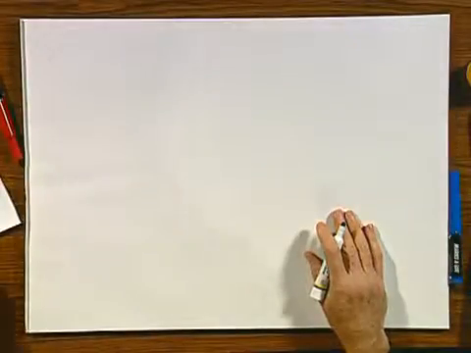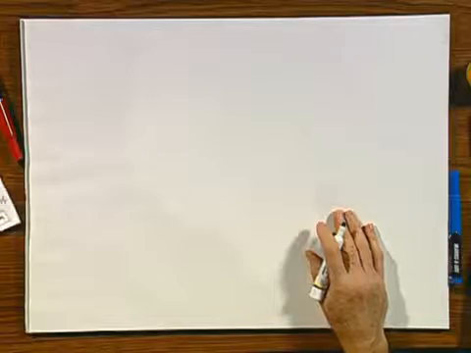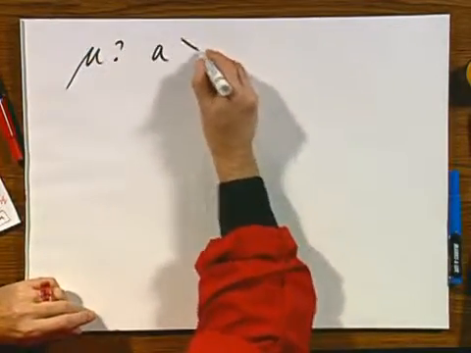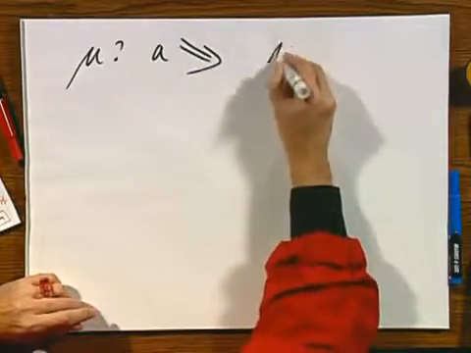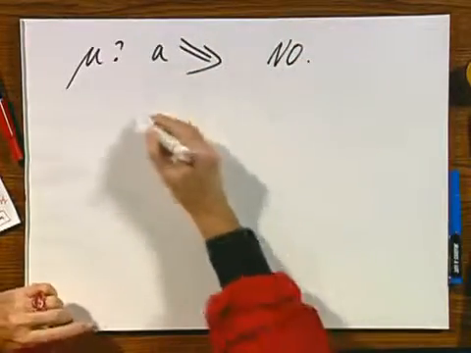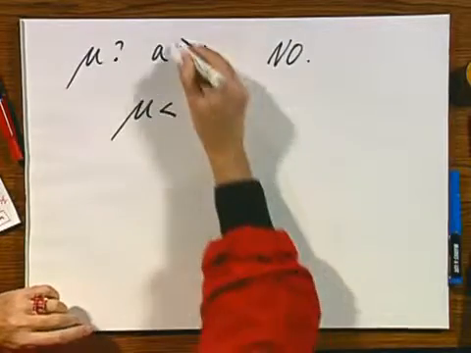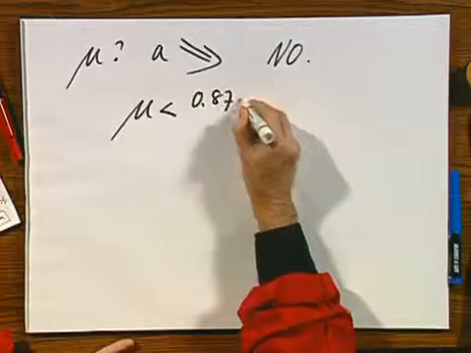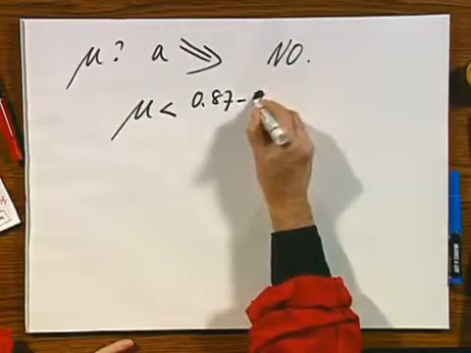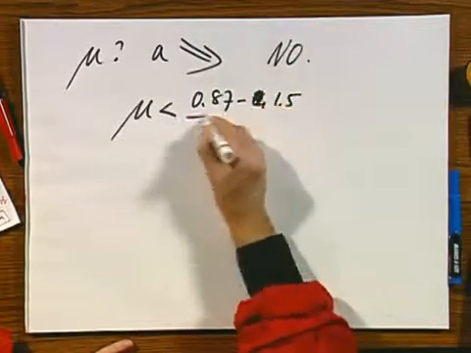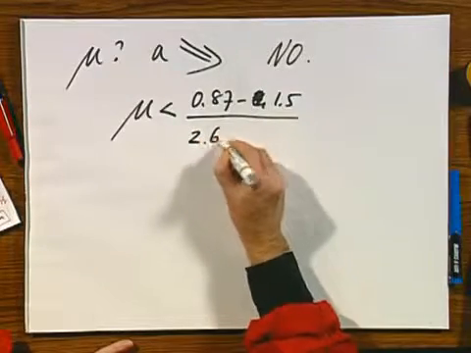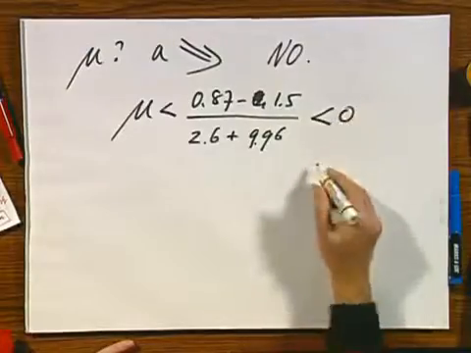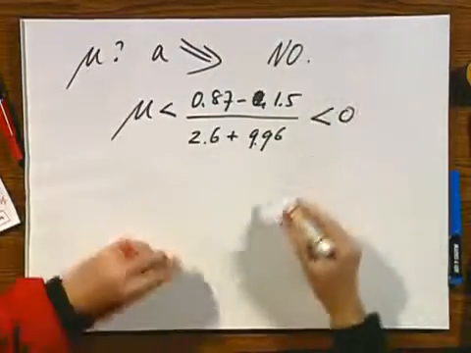this direction. Is it possible somehow that if we adjust mu, that A would be in this direction? And the answer is no. Because if you look at our criterion, what mu should be for A to go down, then you would need (0.7 minus 1.5) divided by (2.6 plus 9.96), and this is smaller than 0, this is negative, and so this has no physical meaning.